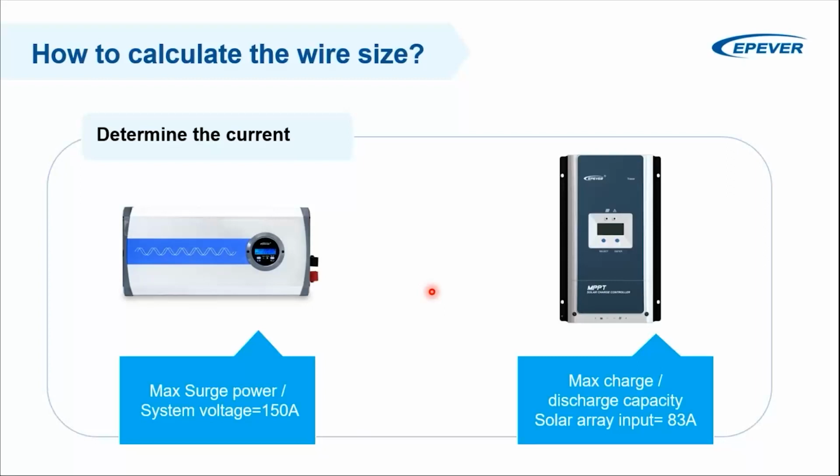It's calculated by dividing the solar panels' watts by the system voltage. So every cable going from PV to charger and charger to the battery must have at least, in this example, 83 amps.